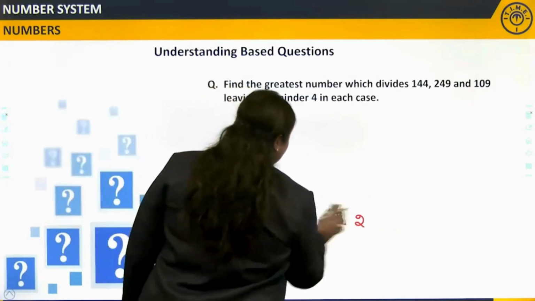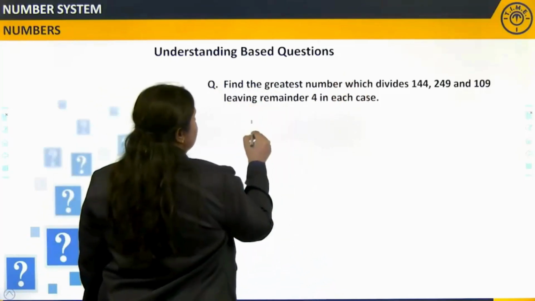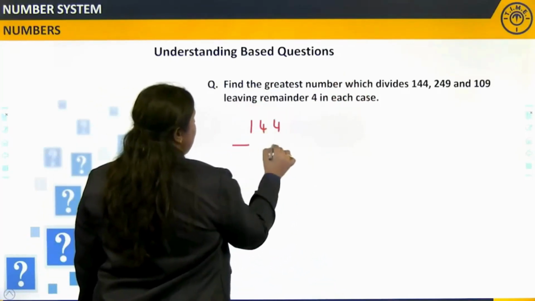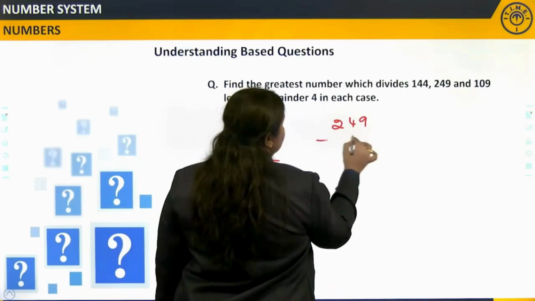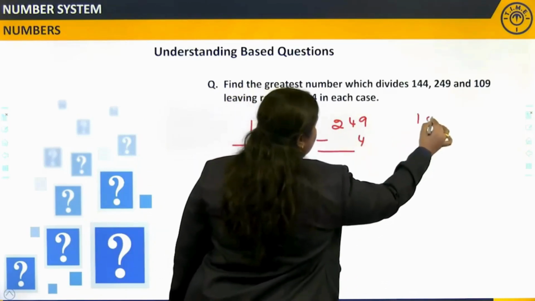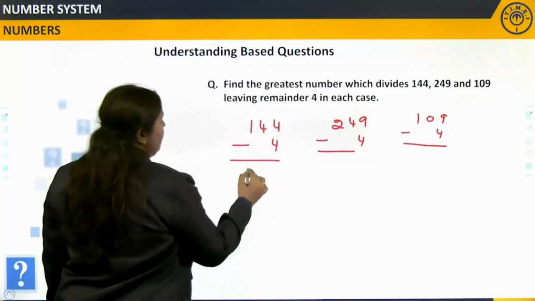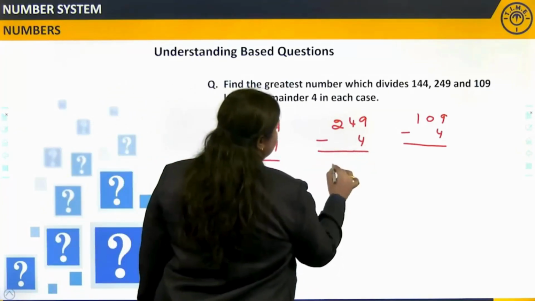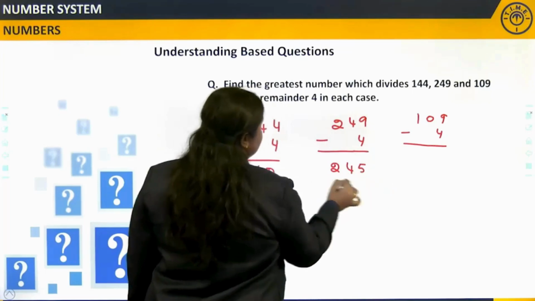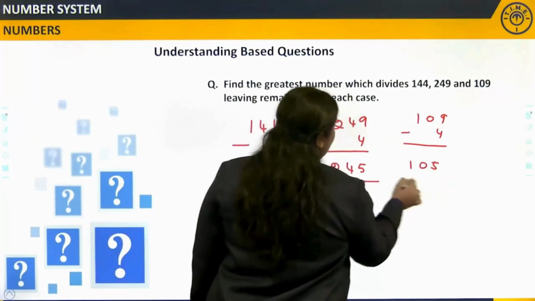So, what are we going to do? First, let us remove the remainder from each one of those numbers. 144 minus 4, 249 minus 4, 109 minus 4. After removing the remainder, what happens? The numbers are exactly divisible by the greatest number which we have to find. Right? So, what do you get here? 140, 245 and 105.